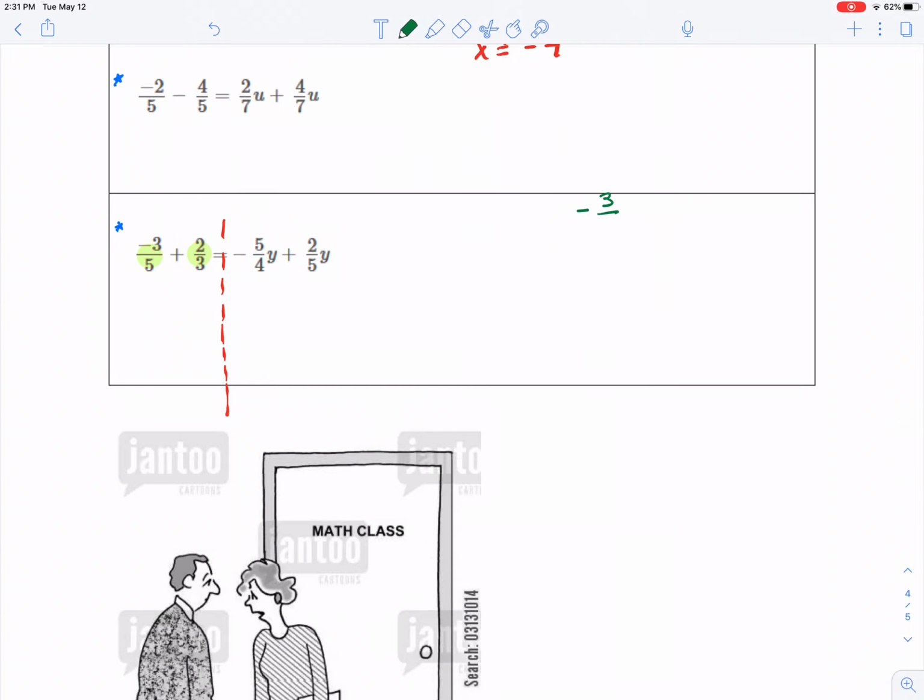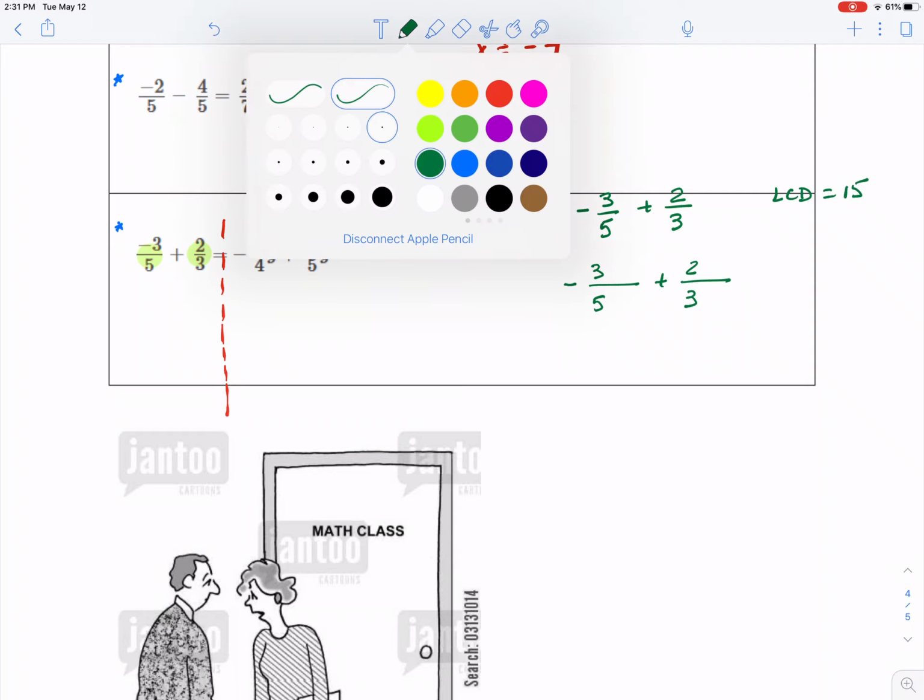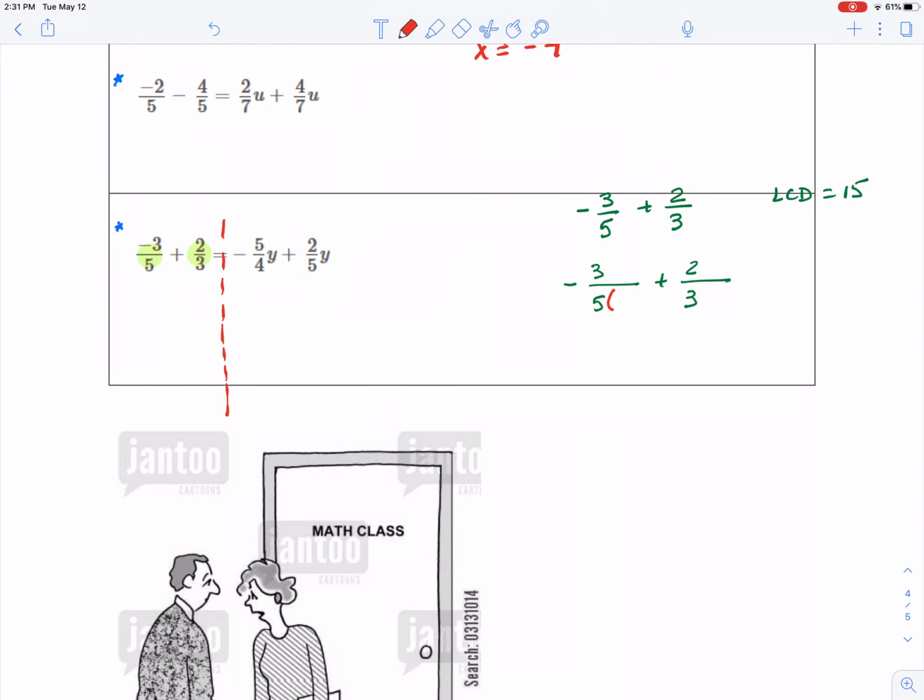I'm going to need a common denominator. And of course, you can use your calculator to do this if you know how to work with fractions. The LCD here, I'm going to do it by hand, is 15. And I can see that in the first fraction, I have to multiply by 3 down here to get the 15, and then I balance it on top.